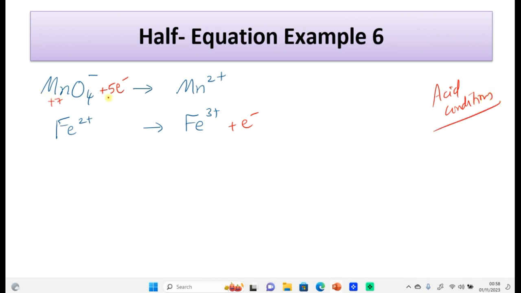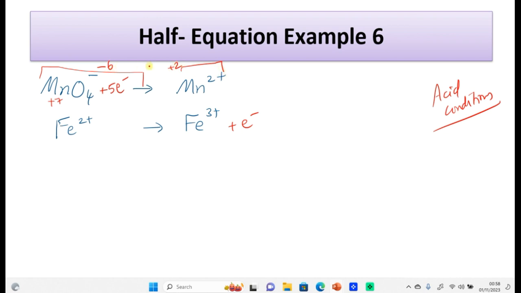So that means I have to add H plus to make sure the charges are okay on both sides. Now I'm looking at the overall charge here, so there is a minus here and +5 here, so there is an overall charge of -6, and an overall charge of +2 here.